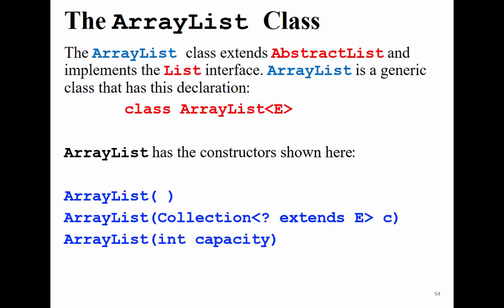So it will start the ArrayList with some previous collection. If you already have a previous collection created and you want to construct the ArrayList from it, you can use these constructors. Or you can use ArrayList with some integer capacity.